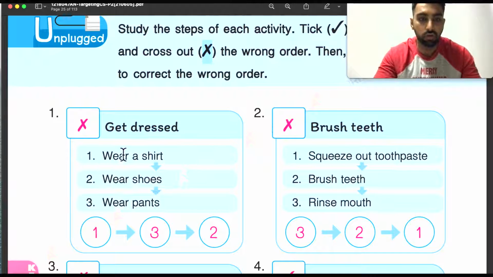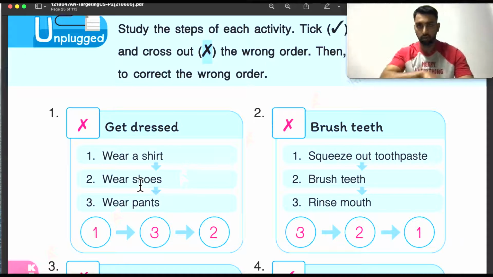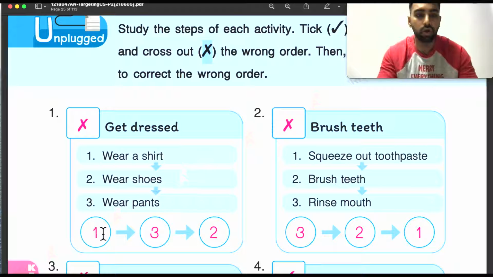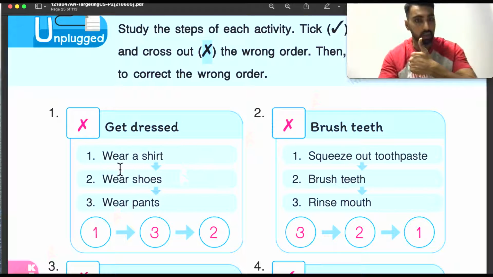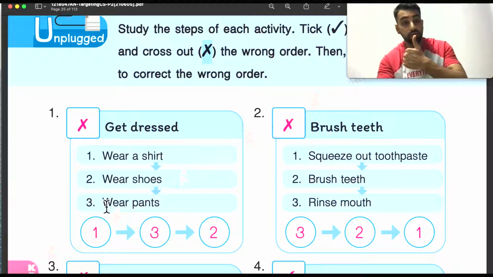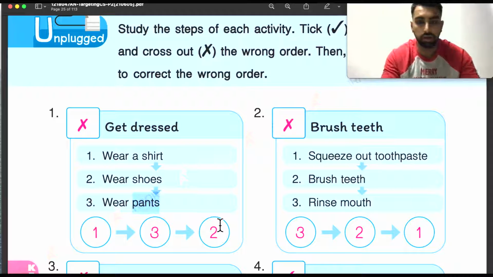So this is wrong. Number 1 should be wear pant. Number 2, wear shoes. So this was wrong.